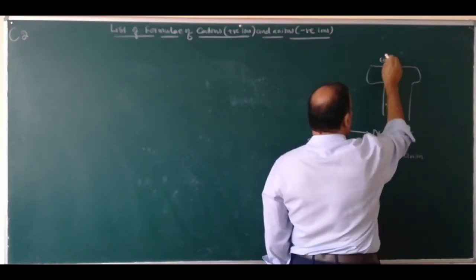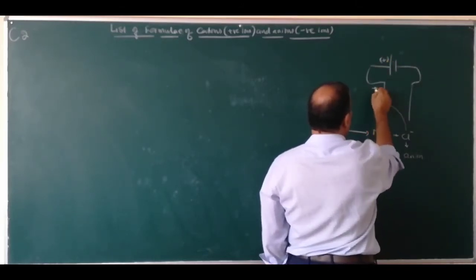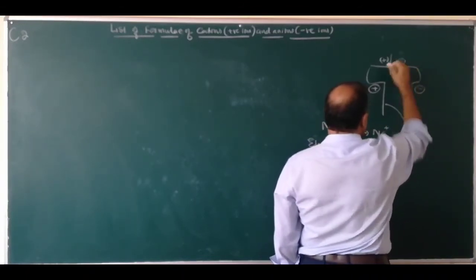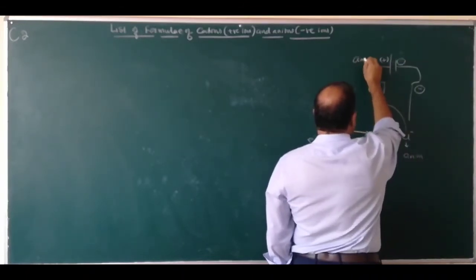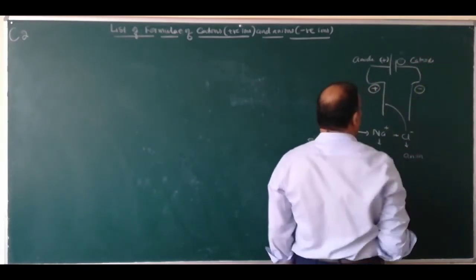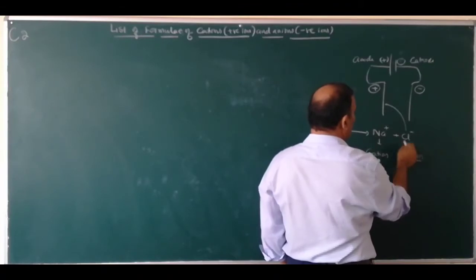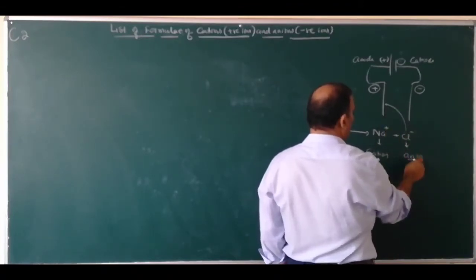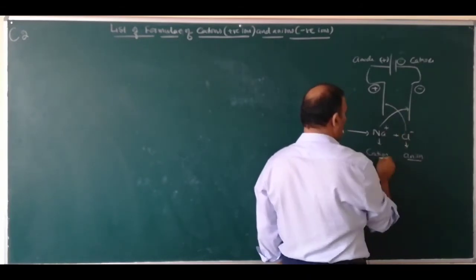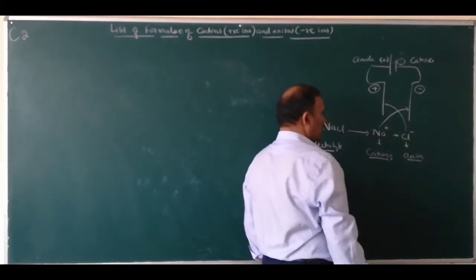This one is the anode and this one is the cathode. The ions which move towards the anode are called anions, and the ions which move towards the cathode are called cations.